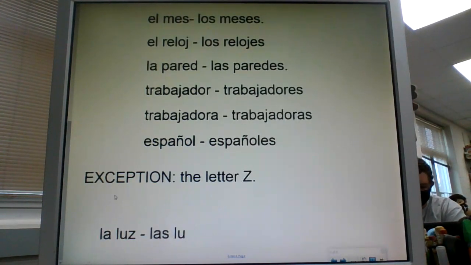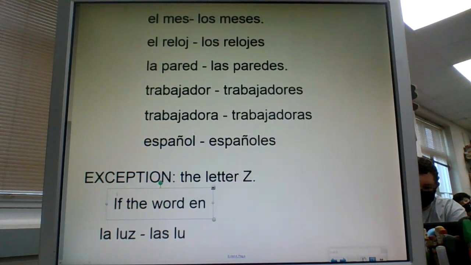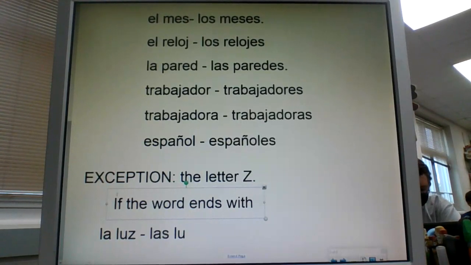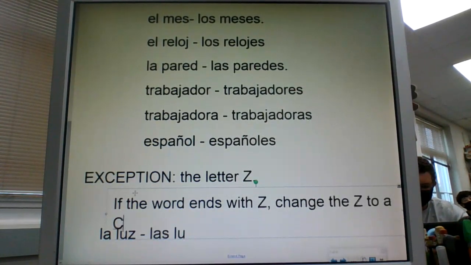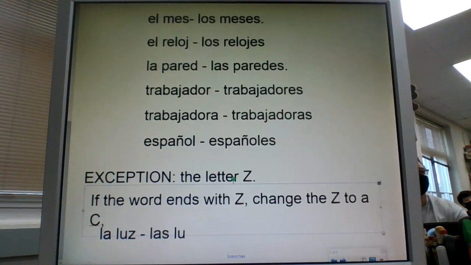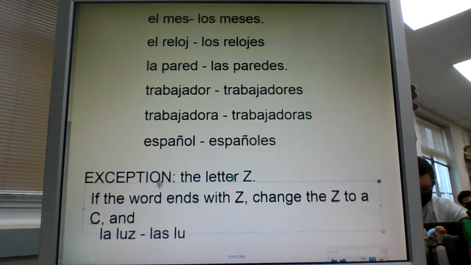So, rule of thumb: if the word ends with Z, change the Z to a C. And what else do you have to add when it's a consonant?